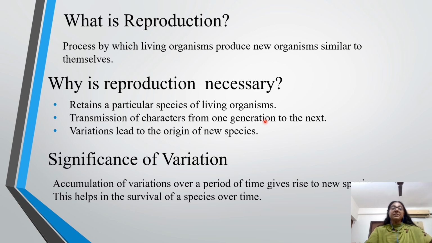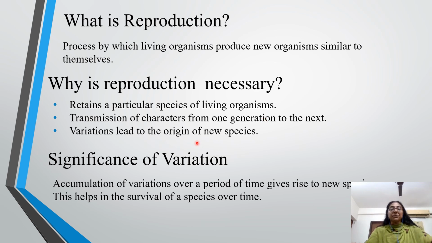It is necessary to retain a particular species of living organism, and also the characters can be transmitted from one generation to the next generation, and there are variations that take place which lead towards new species formation.